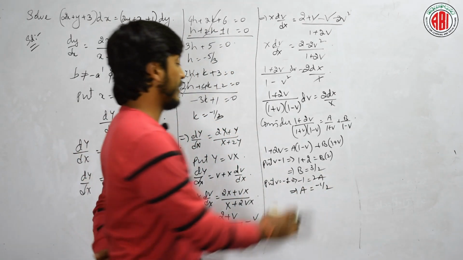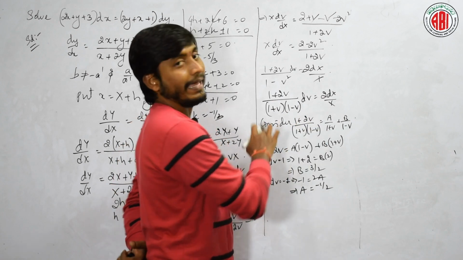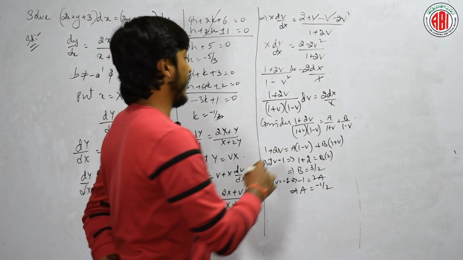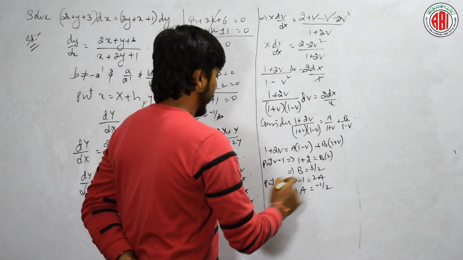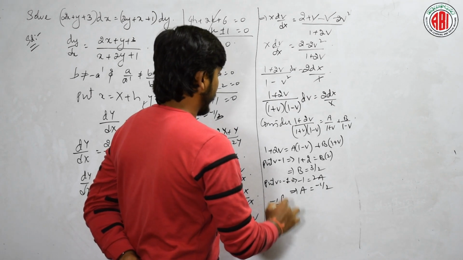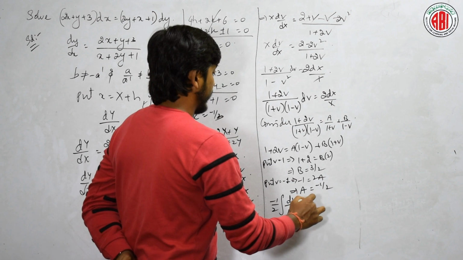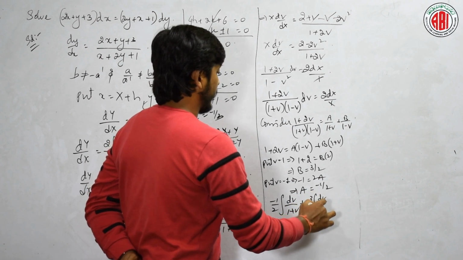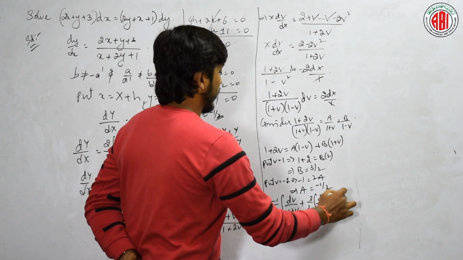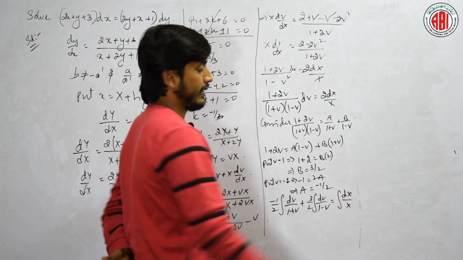So let us directly substitute these values in this and integrate it. What do we get here? Instead of a, we put minus 1 by 2 integral dv by (1 plus v) plus 3 by 2 integral dv by (1 minus v), that is equal to integral dx by x.